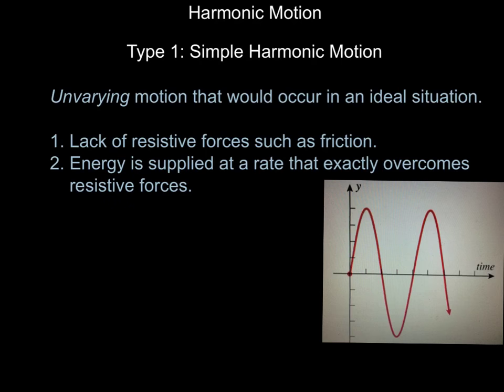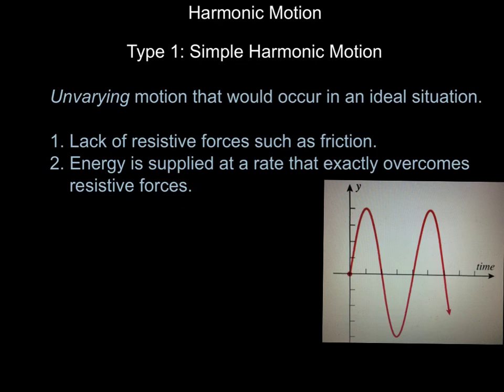There's a couple ways this can happen. One is that we live in fantasy land and we don't have any resistive forces like friction. Friction out there right now is a resistive force. We can't just go and push something and it goes on forever. It's going to stop because of friction.